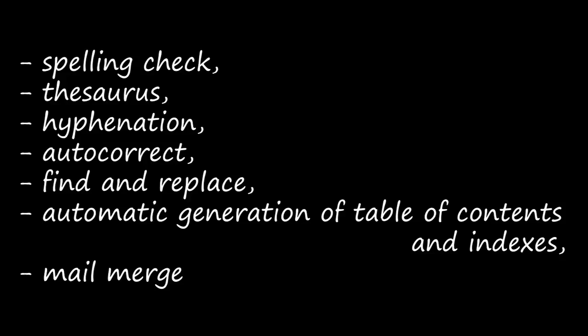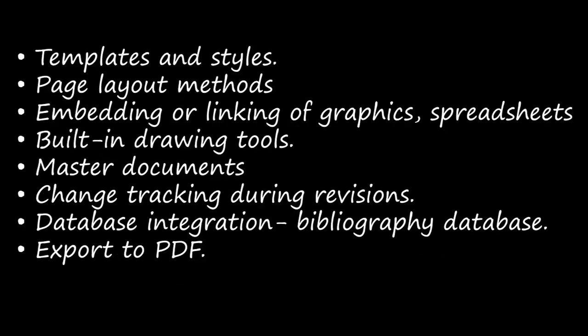Let's see what are the important features found here. Templates and styles, page layout methods including the frames, columns and tables, right? Templates and styles means each document we can create with each template model, right? Page layout means it will have columns, tables, rows, and we can have frames for a specific page too, right?